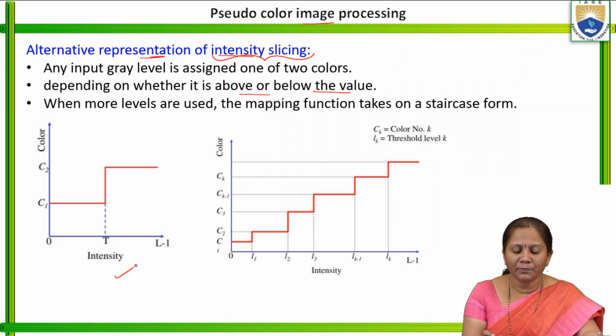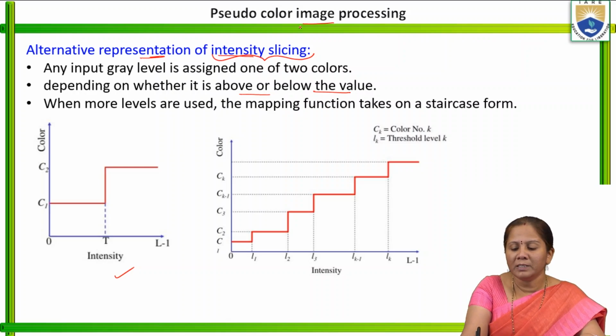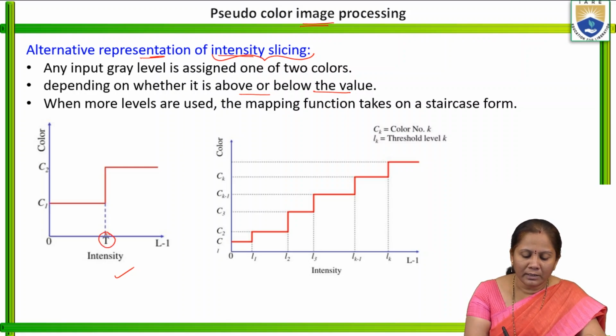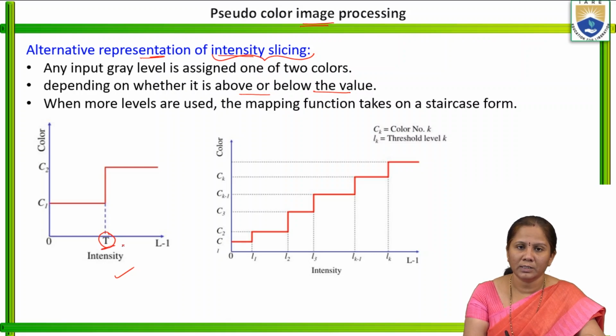If you see this figure, the gray level image, after passing through this pseudo color concept, can be allotted only 2 pseudo colors. Here T represents one threshold value that we are considering.